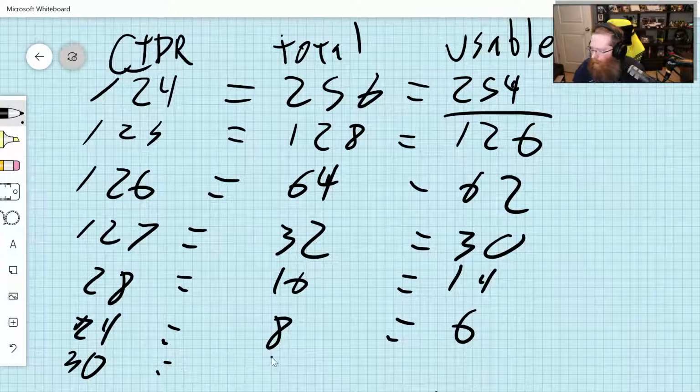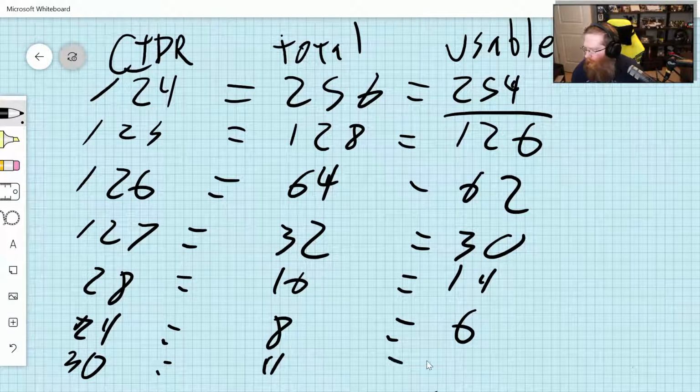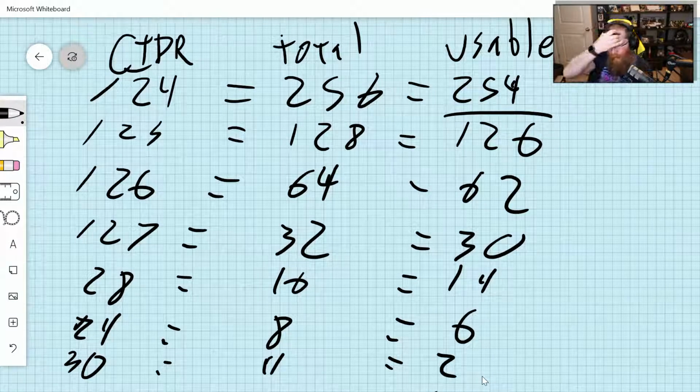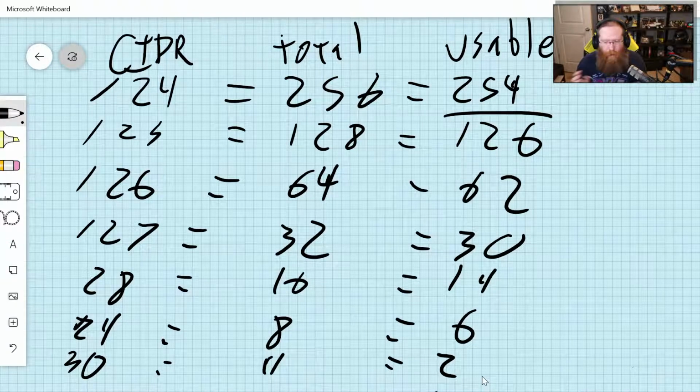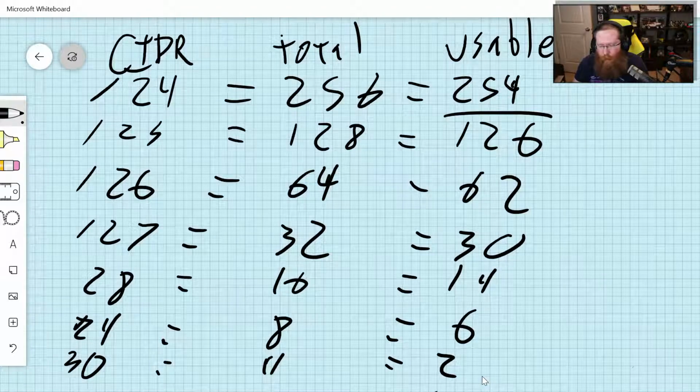I might not be able to draw anymore. 4, 2. That's basically as small as we can get. When it comes to subnetting, you're not going to purposely subnet into a 31 or a 32.